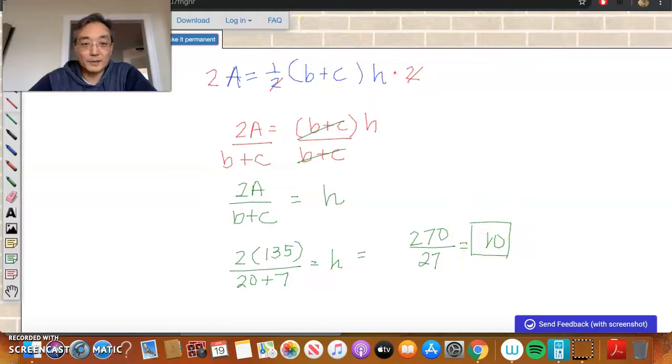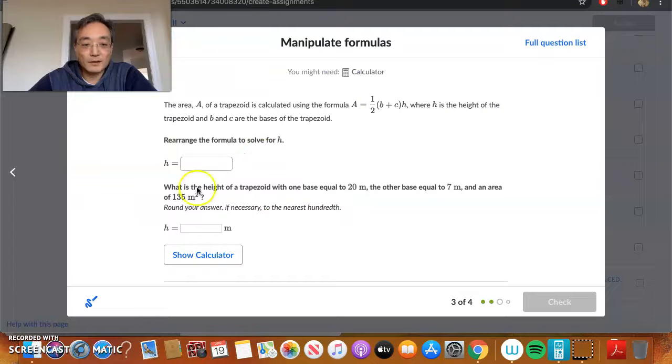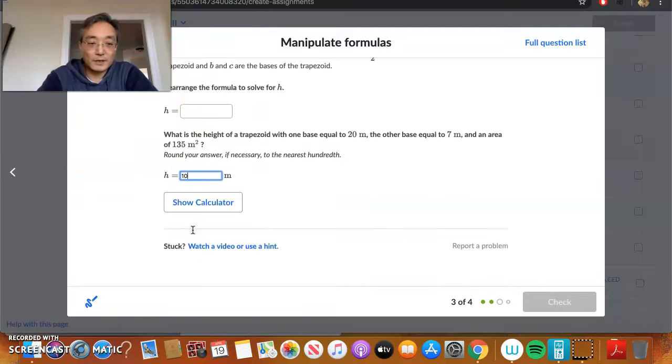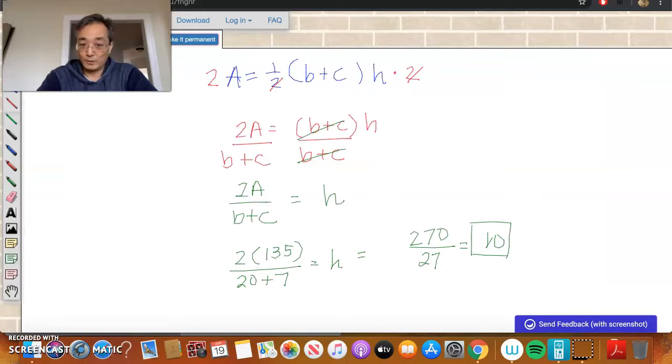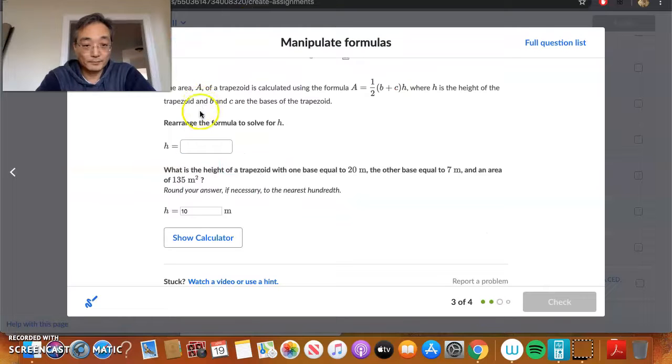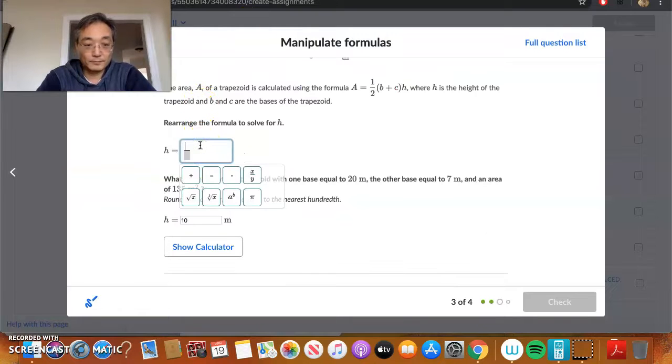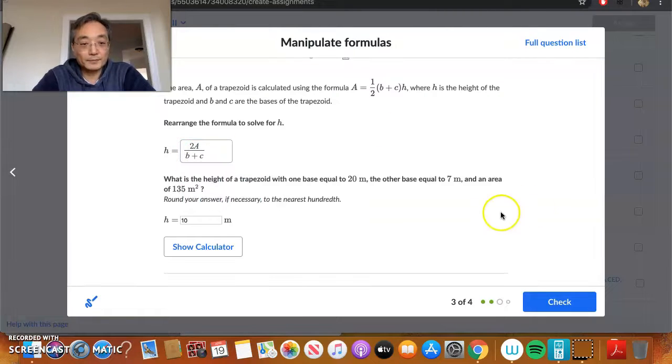So our height is going to be just 10. All right, so here's our 10, and then we plug all that stuff in, 2A over B plus C. That is correct.